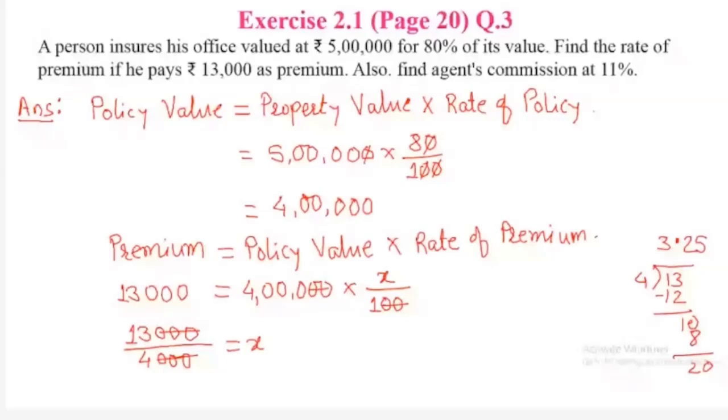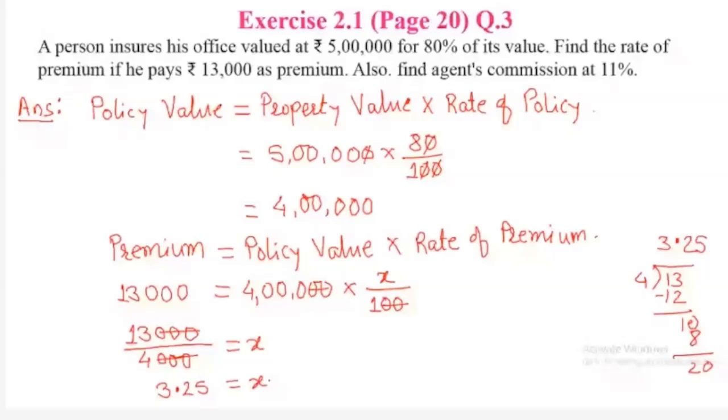Rate will be, Selvin, rate will be always in percent form beta. 3.25 is equal to X.